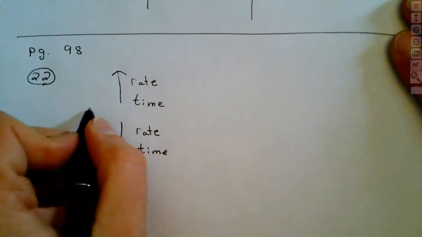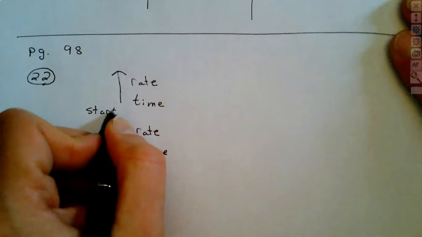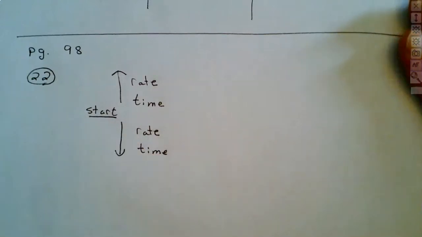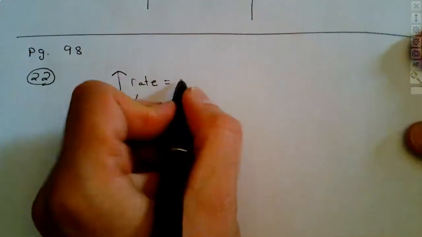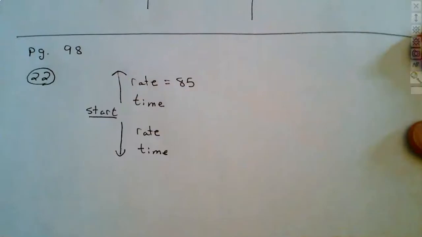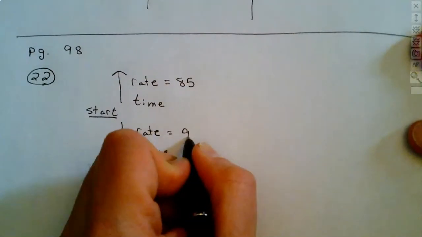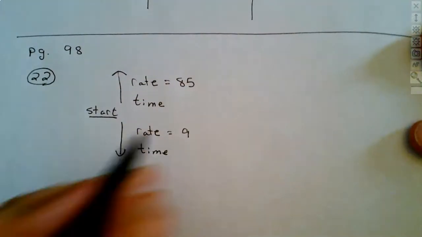And we're going to start right here in Kansas City. So one's going north, one's going south. What do we know about these trains? Well, we know one goes 85 going north. That's kilometers per hour. The other one travels a little bit faster at 95.